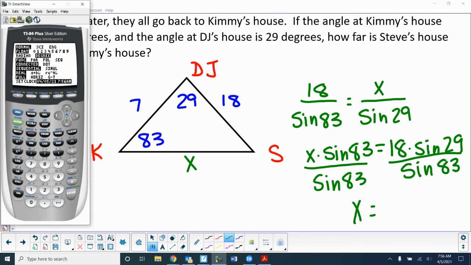Hit my mode button, I'm in degree mode, so I'm good there. All right, so 18 sine of 29, remember, close that parenthesis, divided by sine of 83, and that'll give us our answer. So 8.8 miles would be our answer.